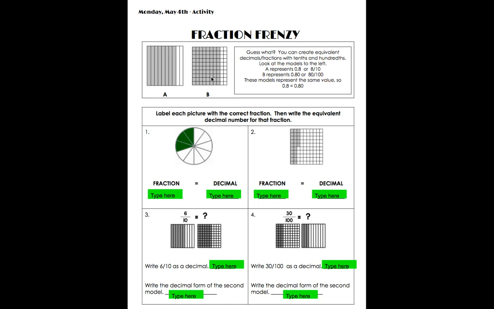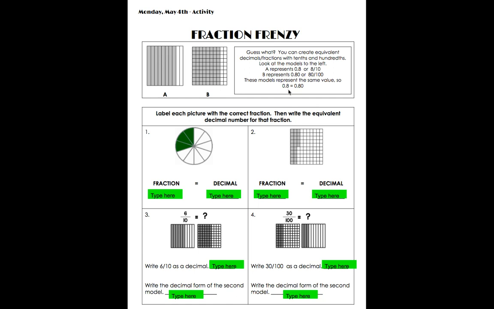These are still equivalent. So if I gave you this in fraction form, you'd say, oh, okay, Miss Bishop, those are equivalent fractions. They cover up the same amount of our whole. Guys, it's the same thing with decimals. So 8 tenths is equivalent to 80 hundredths. And if you see right here, this says 8 tenths. I know this because I say the number 8 and then whatever place value it ends in is the last name it gets.